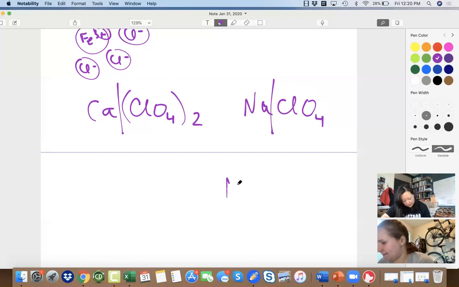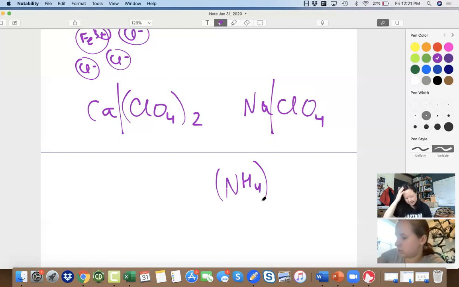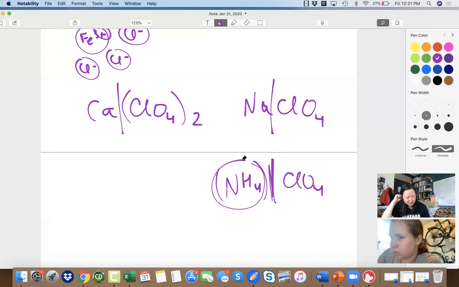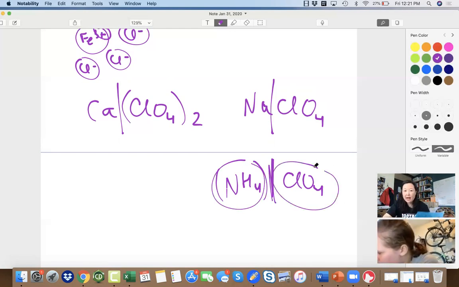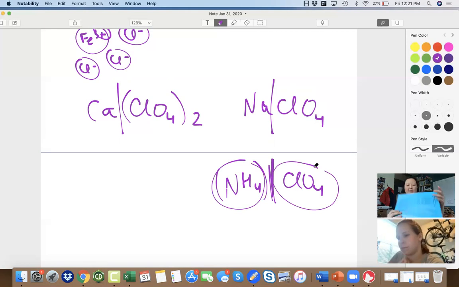Only when you see NH4 is this in itself the unit that comes before. So if I saw something like NH4ClO4, I would know to split it here because NH4 is a grouping called ammonium. Anyway, if you're not sure, just look at the periodic table and see if it's an element. You can cut it there. If it's a group of elements, check this chart in the back.